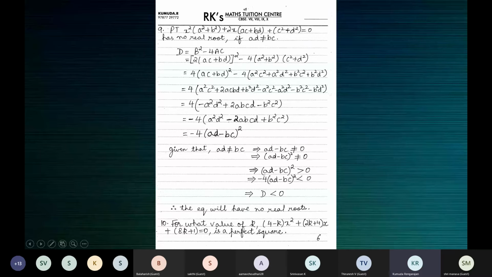In this question, we are given a quadratic equation. Nothing is given about the roots. It's not given it has equal roots. It's not given it has unequal roots. You have to prove that it has no real roots.